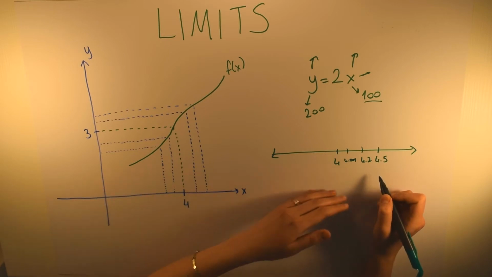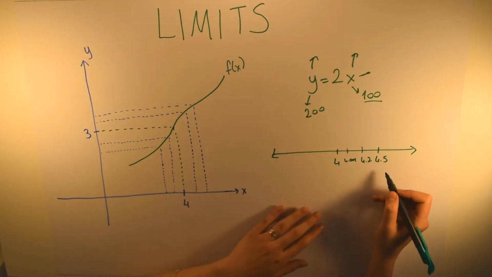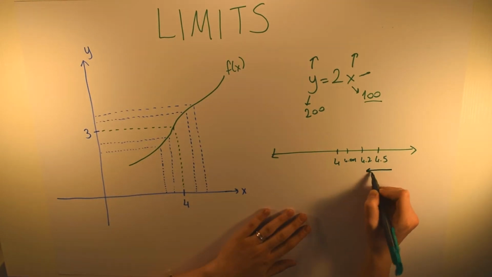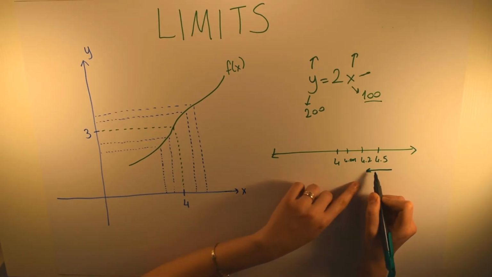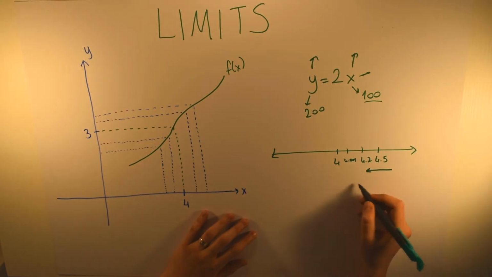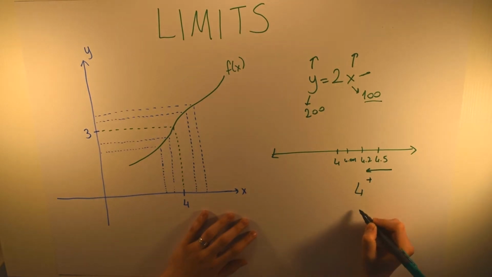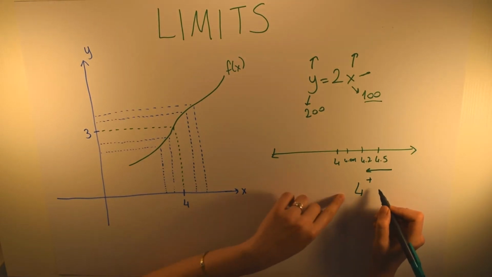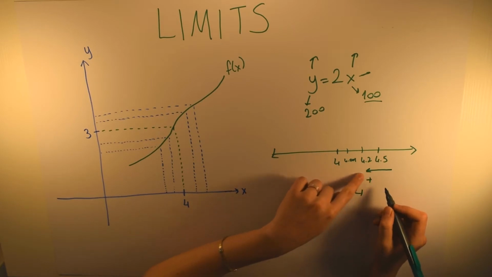As we get closer to 4 from the right side, the values are greater than 4. We show this as 4 with a plus sign, and this is the right-hand limit, approaching from the right.